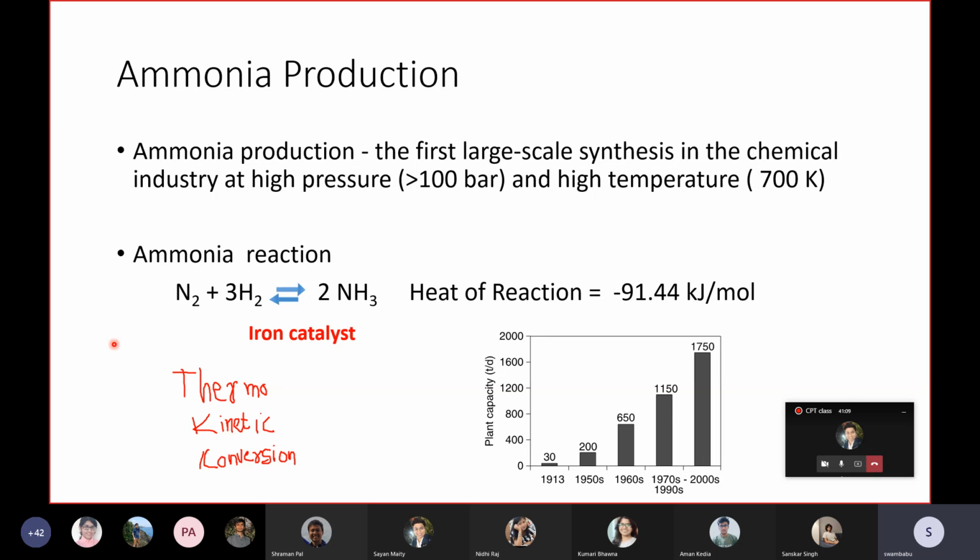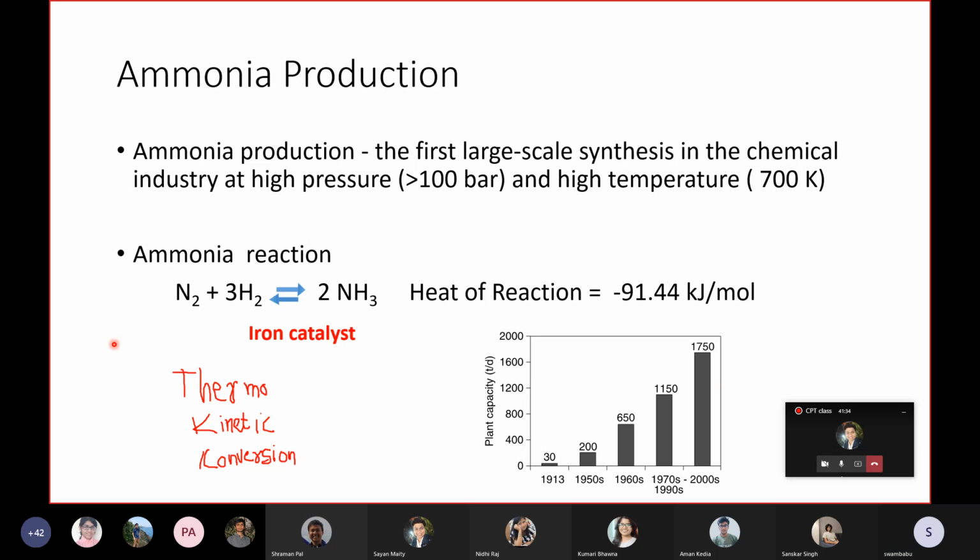If you feel something, please tell. Speed of the reaction. Yeah. How fast the reaction happens at the temperature and at that pressure? Kinetics means rate of reaction.